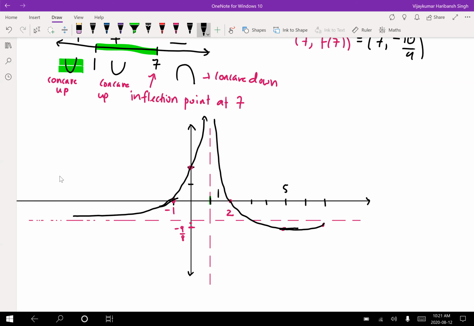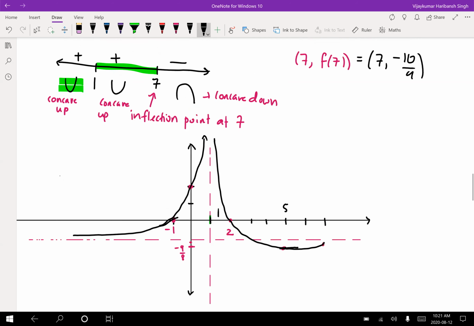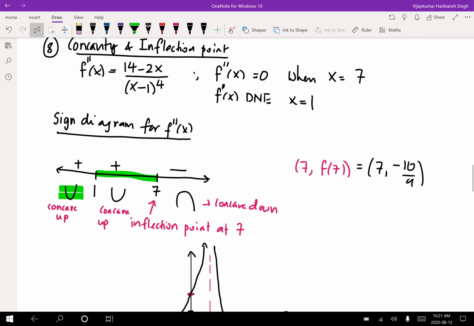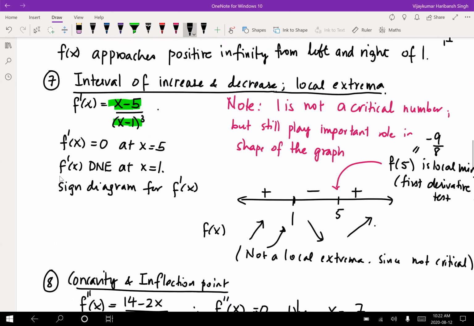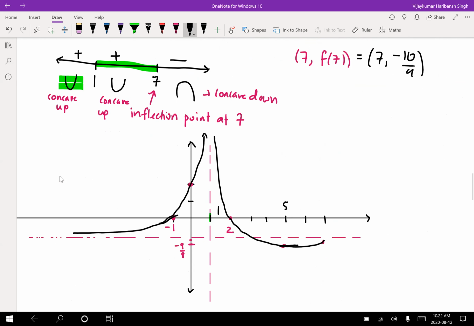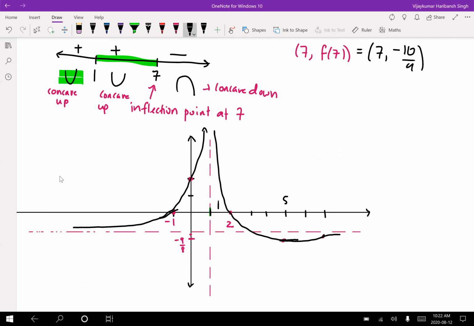And after 7, what happens? It changes to concave down and approaches the asymptote from below. So this is how the graph looks.